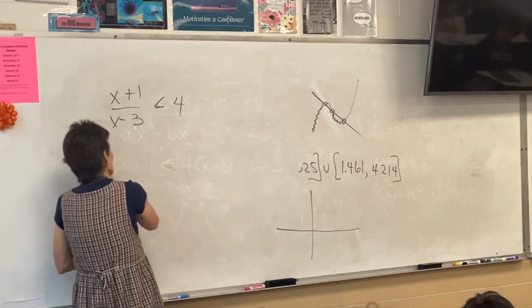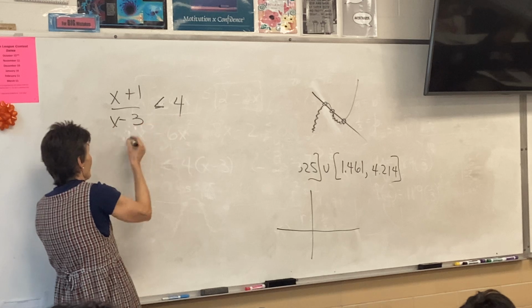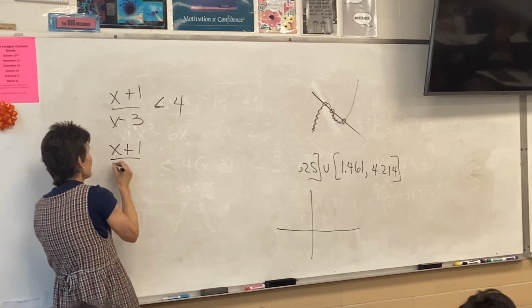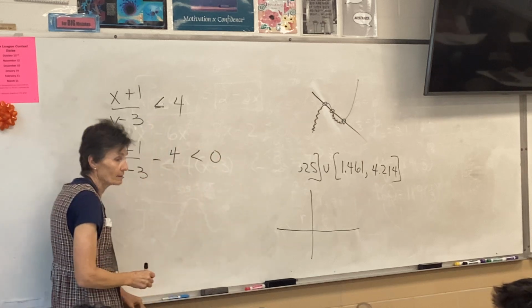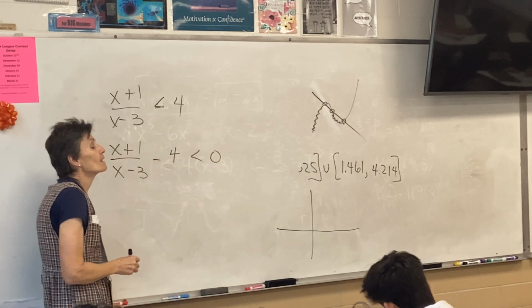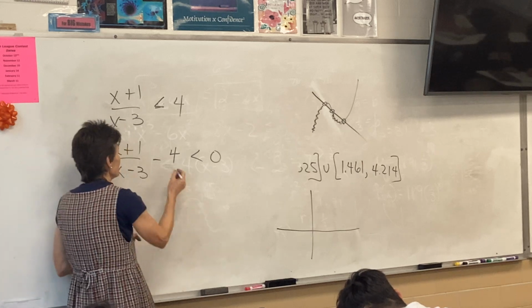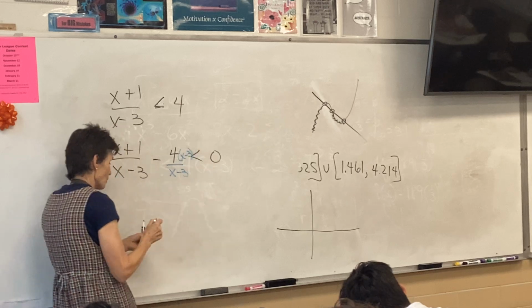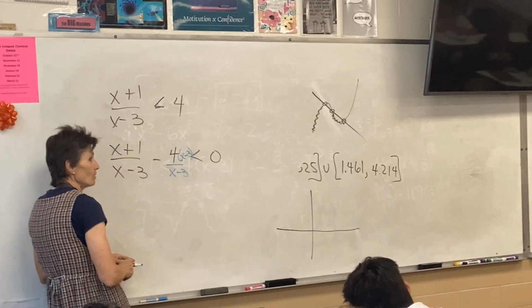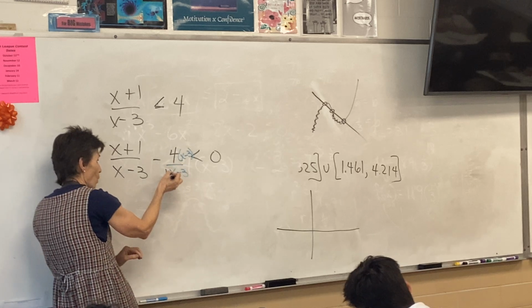So here is the process we go through. Get 0. So move the 4 over to the other side. Then get yourself a common denominator. So I move the 4 over, and then I multiply, that's like 4 over 1.